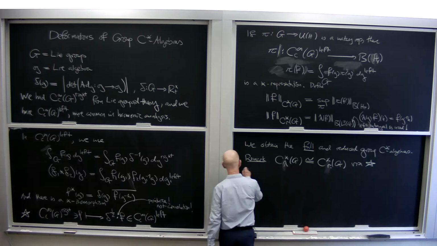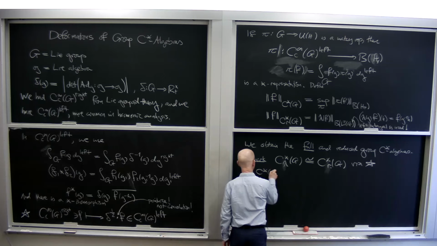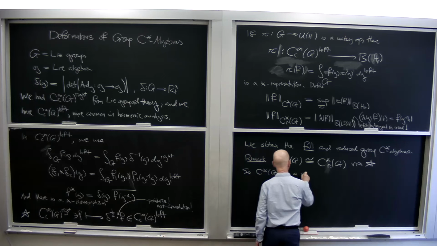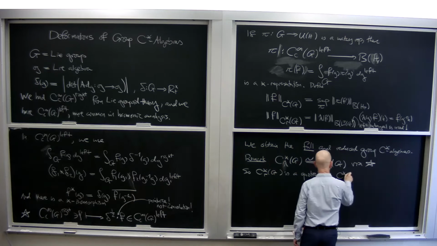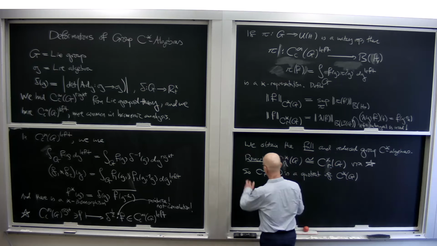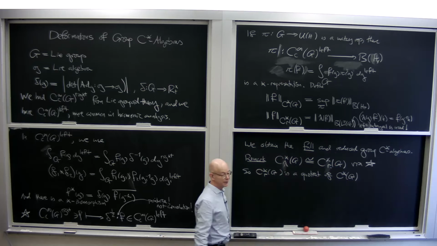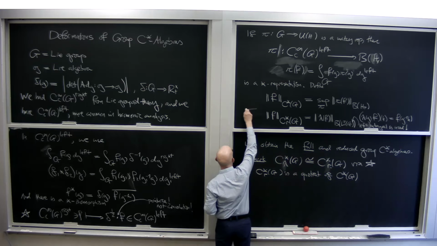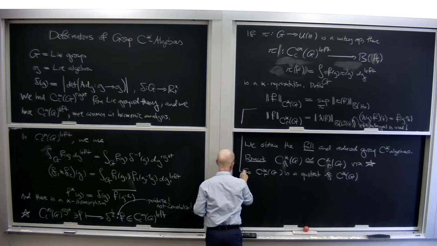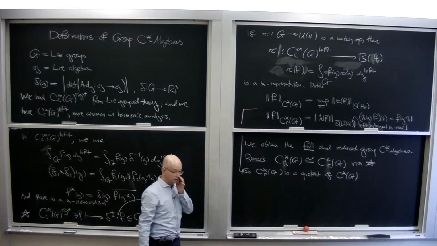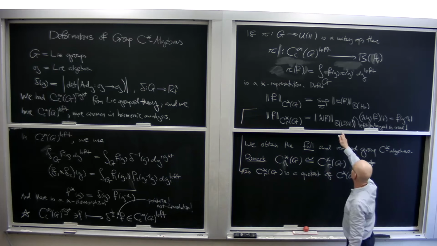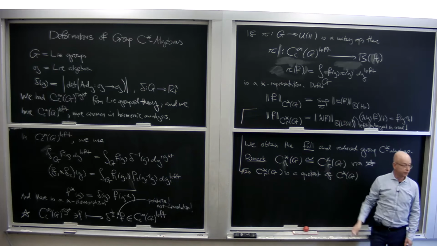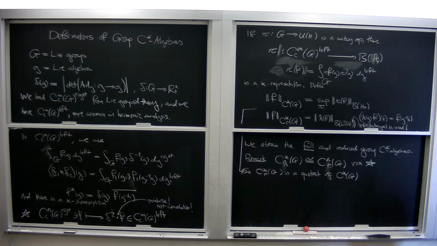So this reduced fellow, if you like, is a quotient of the max one. That goes not with the remark, but just with the definitions, because the regular representation is just one of the representations over which you're taking the sup up here.